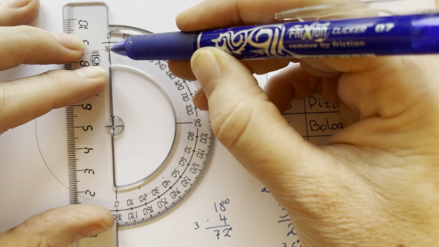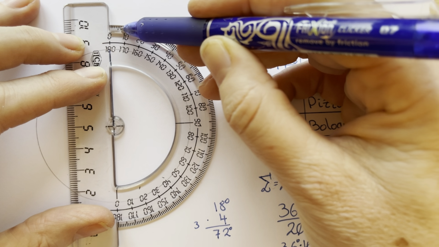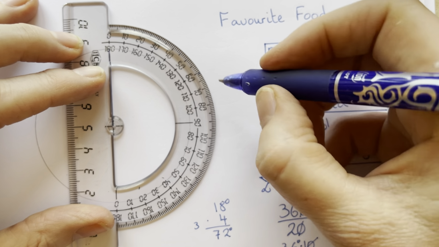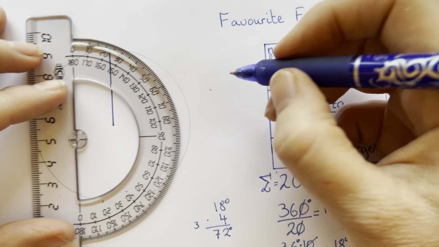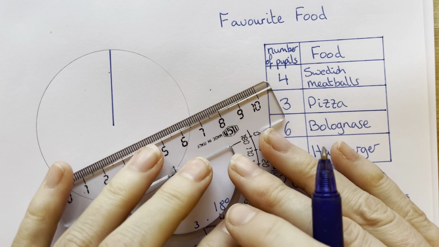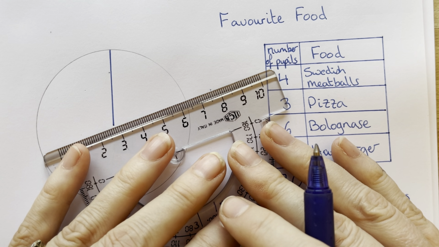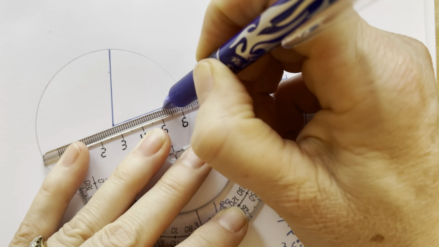We use the outer layer because we always start at the 0, and on this side, 0 is on the outside. So 60, 70, 72 degrees would be exactly here. Now that's just outside our circle, but it's not a problem, because we know that this now represents 4 people, and it's 72 degrees.